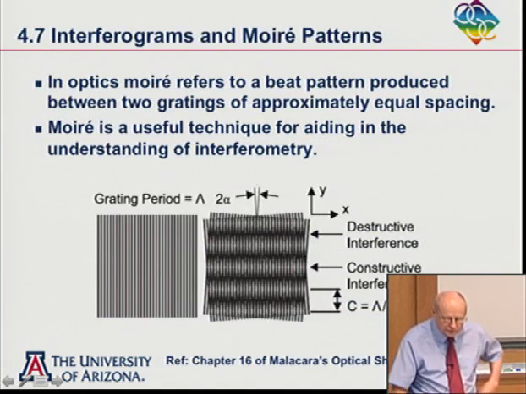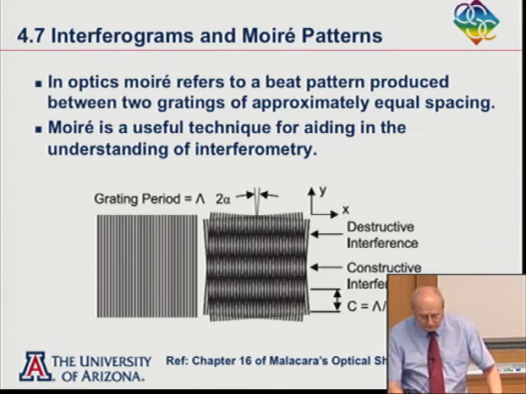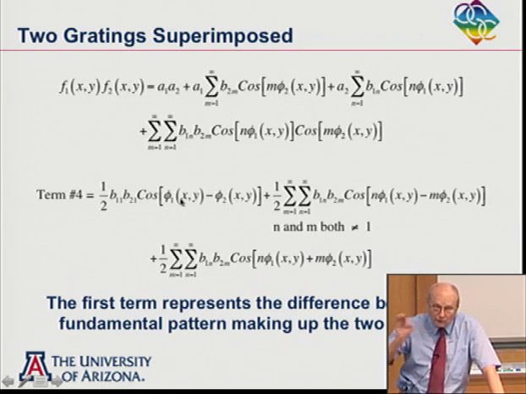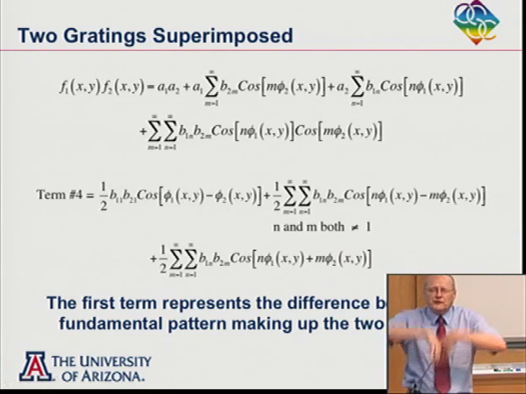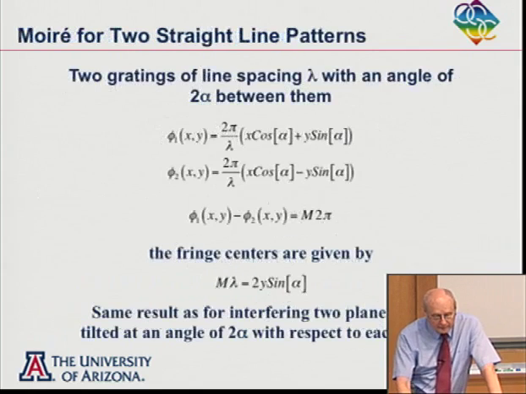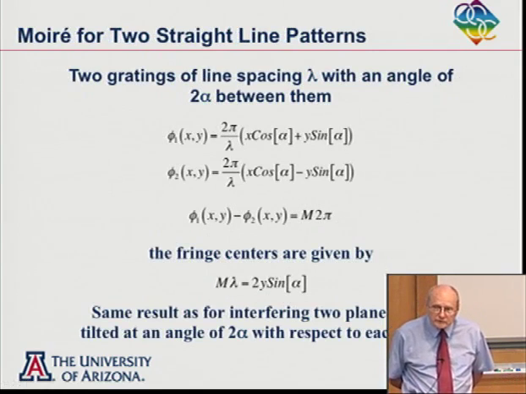The other structure you see here, which I'm going to try to ignore, is coming from these other terms. You have just individual frequencies, and then you have the sum frequencies. And what we're really interested in is just the low frequency term. So we kind of filter out the high frequency stuff and see just the low frequency term. And that low frequency term is just the same as what we got when we interfered two plane waves.